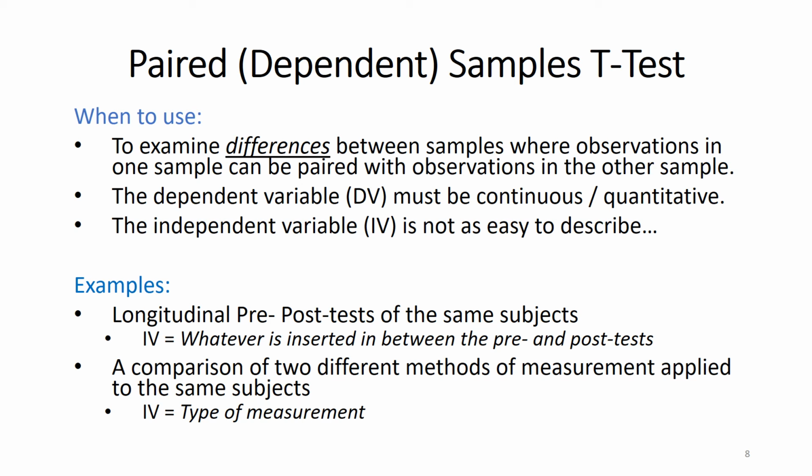When it's an independent t-test, we're comparing one group that has performed some sort of outcome versus an independent, completely distinct second group, and then comparing the means of the two groups to see whether or not there's a significant difference. In a paired t-test, the focus is much more on the differences within each individual, and usually each individual has both a measurement 1 and a measurement 2, and then we look for significant differences between them.